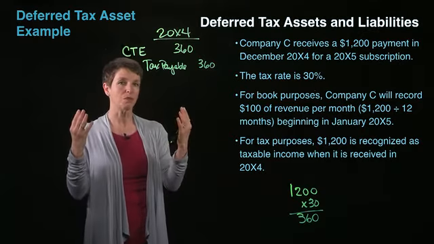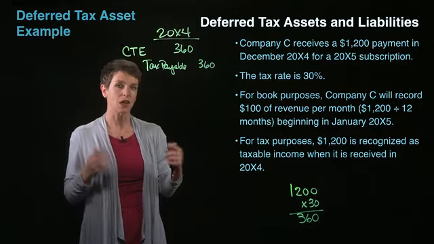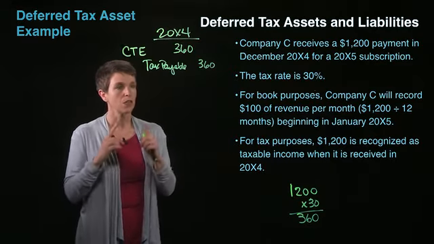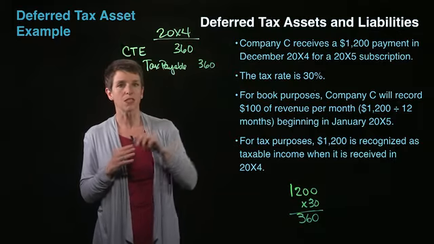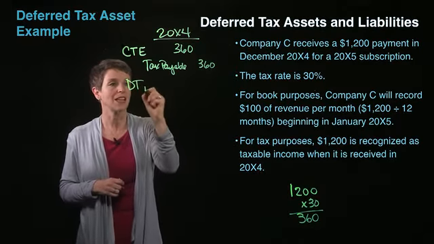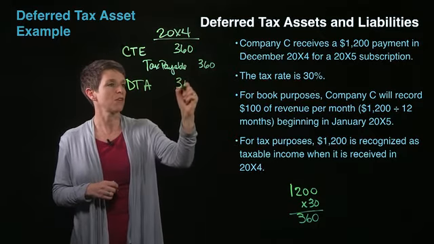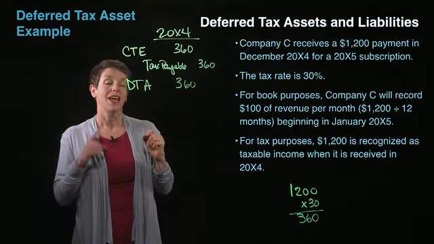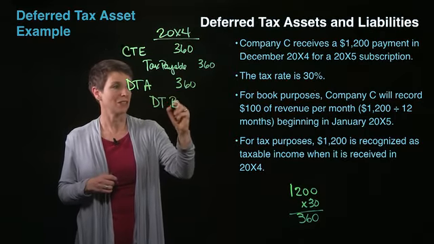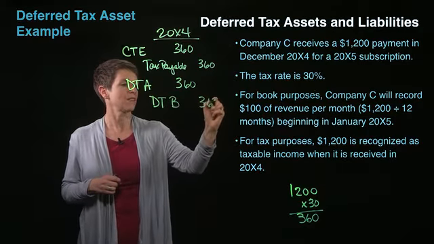It's almost like we prepaid the tax on the revenue before we're going to recognize it in our books. So at the same time we record this entry, we're also going to record a deferred tax asset for $360 and a deferred tax benefit for $360.